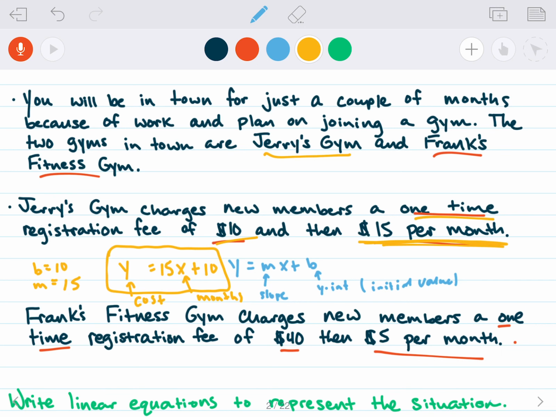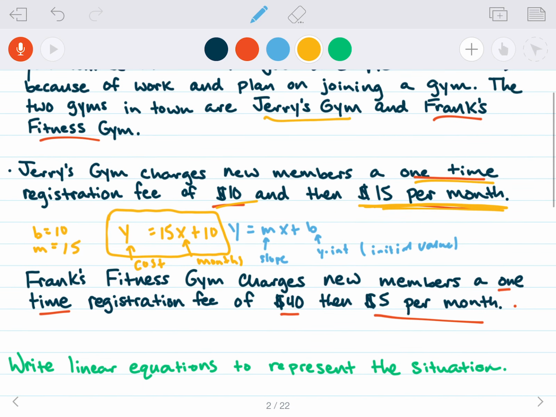Now let's go ahead and write an equation for Frank's gym. Frank charges new members a one-time fee of $40. So this time our y-intercept, also known as our initial value, is going to be $40. That's how much we're paying just by walking in the door at 0 months. And then we're going to pay $5 per month, so my rate of change is 5. m is 5.